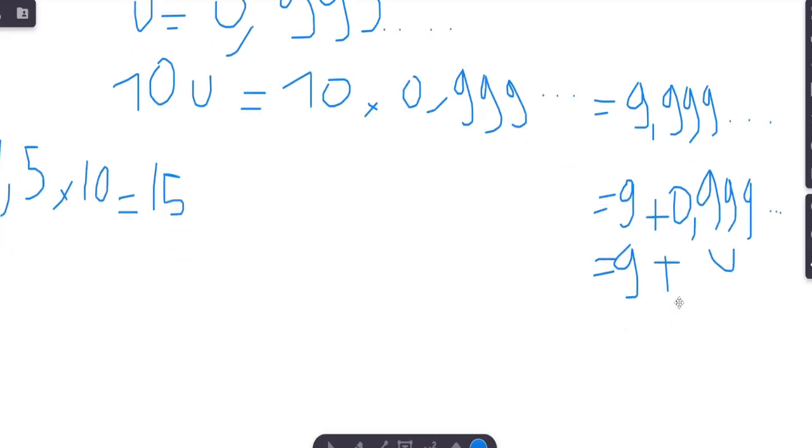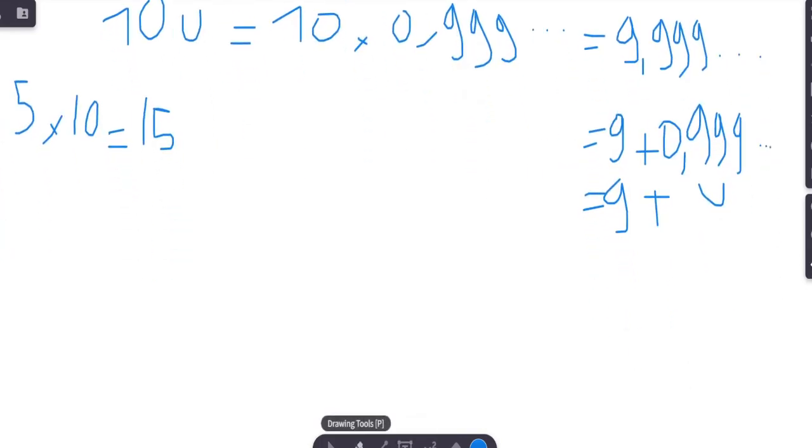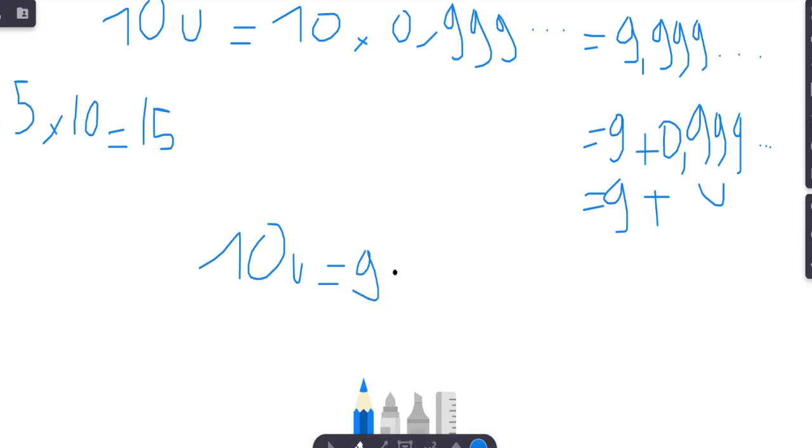So now we have a simple equation that we can resolve. We have 10u equals 9 plus u.